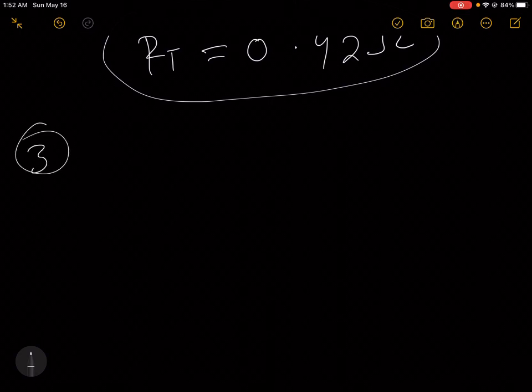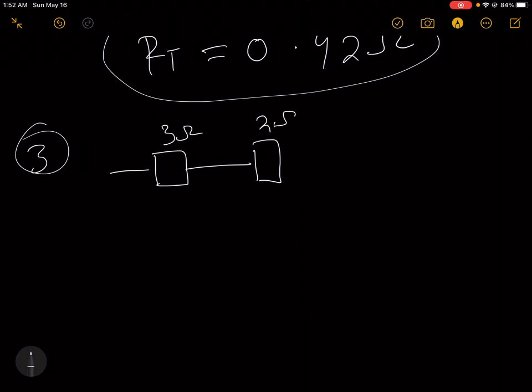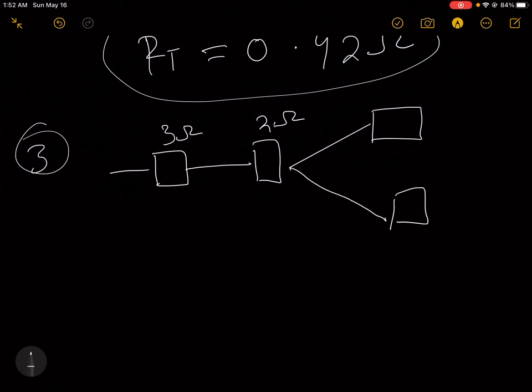Now if you have something like this, because we can have both parallel and series in the same diagram. Now look at this. So this is 5 and this is 10.